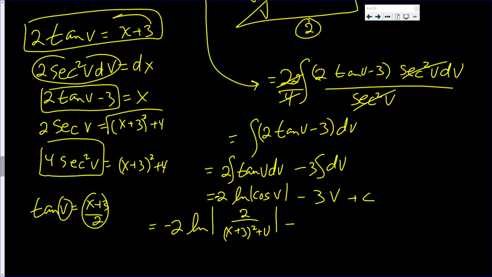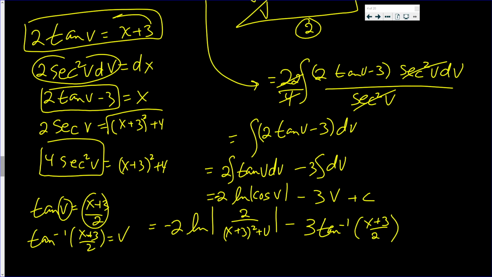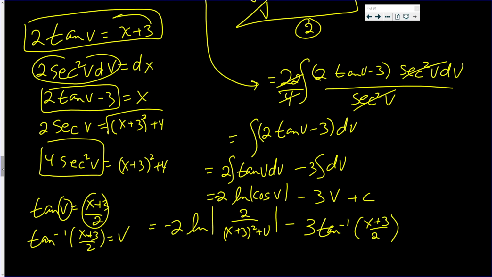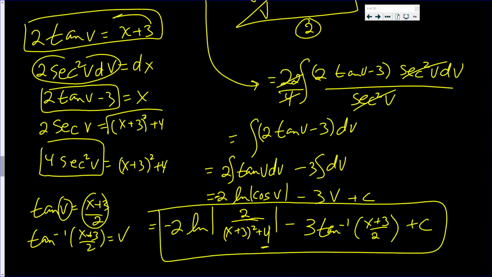So I can interchange those two. So the tan inverse of x plus 3 over 2, that's v. So it's minus 3, the tan inverse of x plus 3 over 2. And I'm not sure how I didn't write the 4, but there's the 4 right here. Plus c. Well, there's that integral.